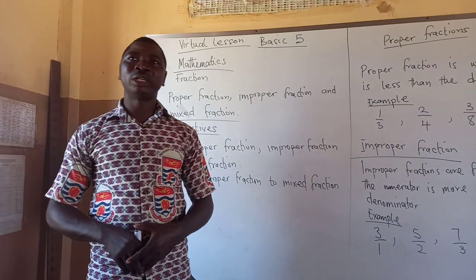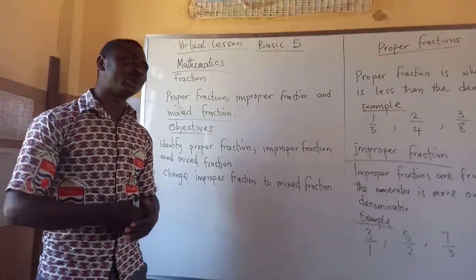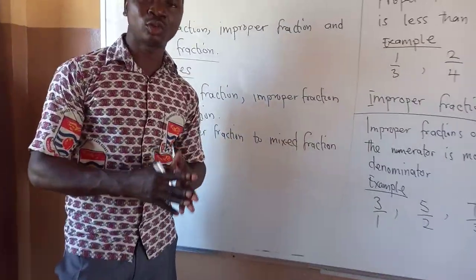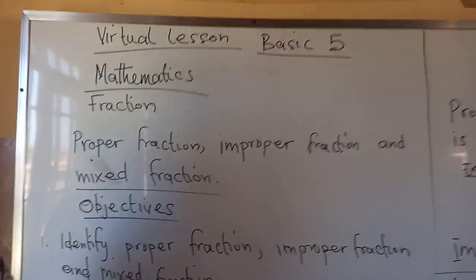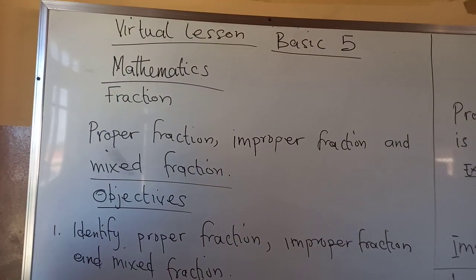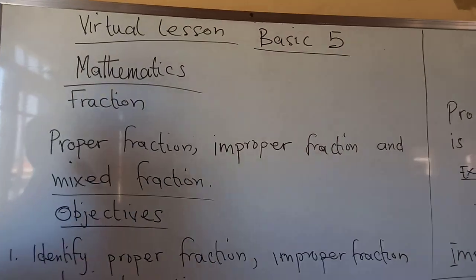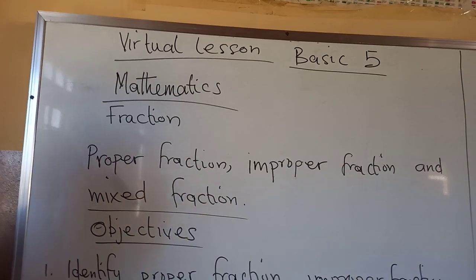What do we have at the moment? We have mathematics, and we want to talk about numbers as our strand, and the sub-strand is fraction. Basically, we want to talk about proper fraction, improper fraction, and then mixed fraction.